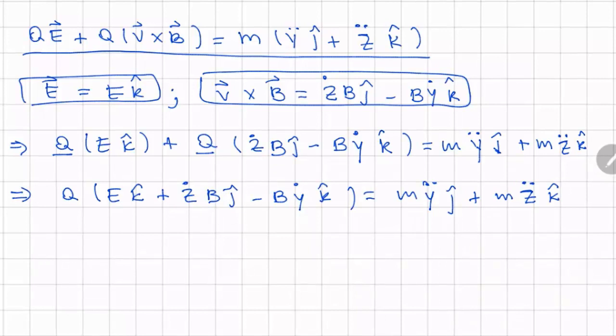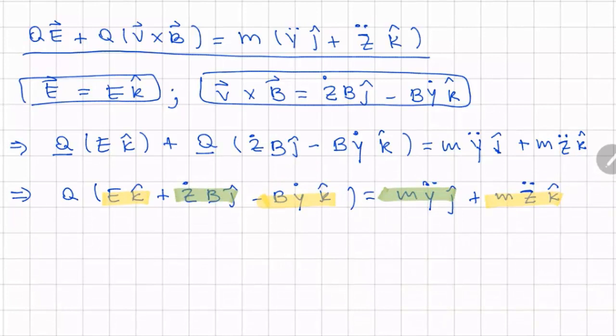Okay guys, so now the next step is separating the components. When I separate components, we are writing the J component together with its counterpart, and the same for the K component.